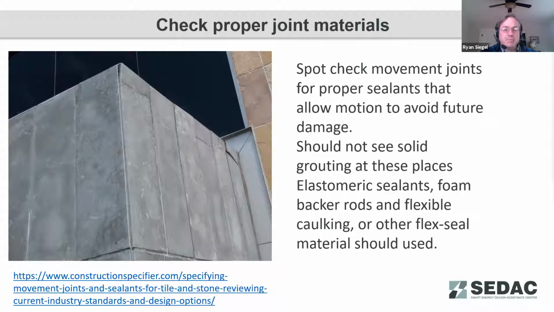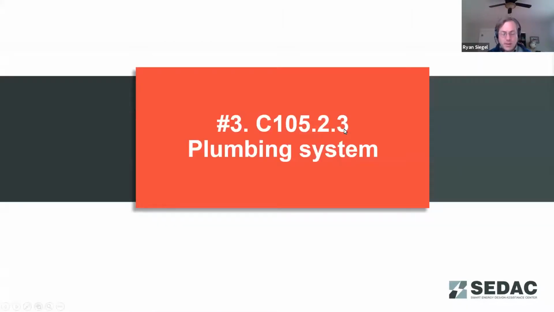That grouting can be penetrated with water and popped loose. So again, wanting to make sure that elastomeric or other flexible sealing materials are used as far as these joints. So with that, I believe we've got a poll question here.